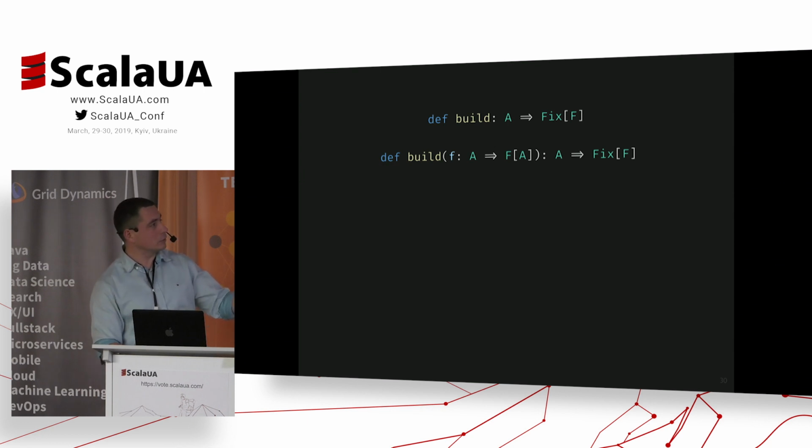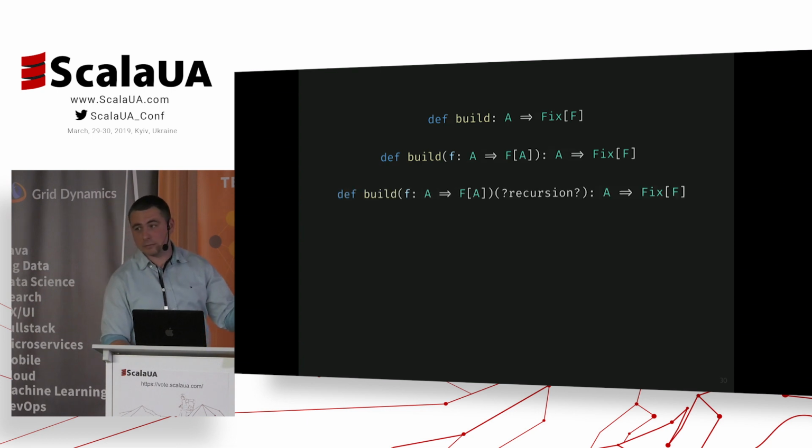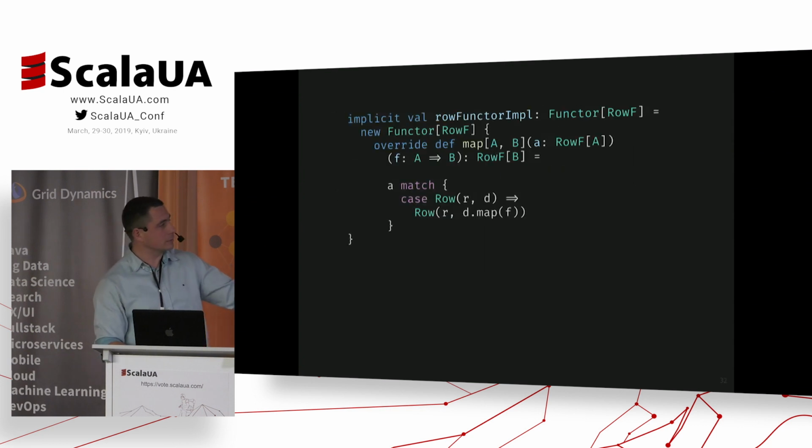So now we just want to reuse it somehow and get a fix point structure. Easy. For that, we need somehow the notion of recursion, because we want to have a plain function and we want to get out a fix which is recursive. And this is how we do this.